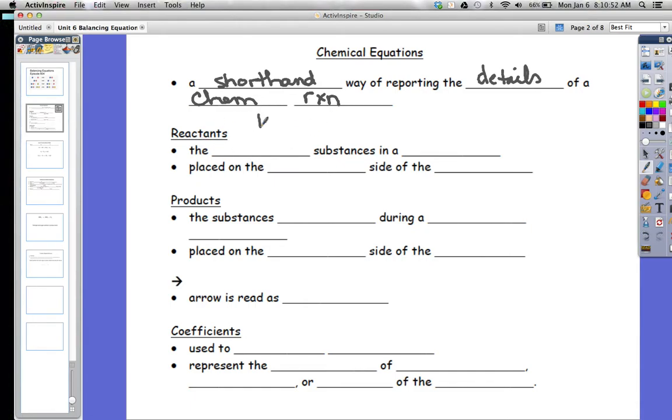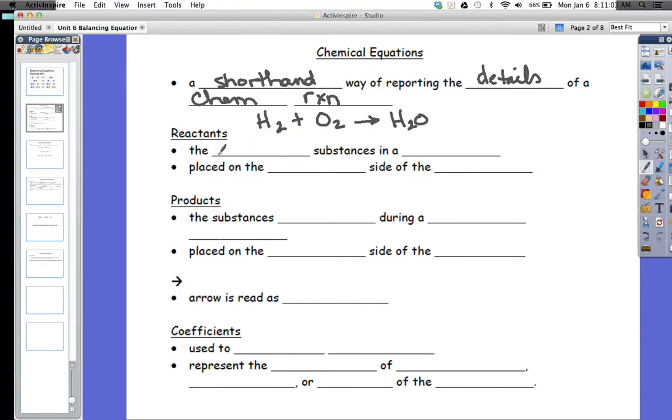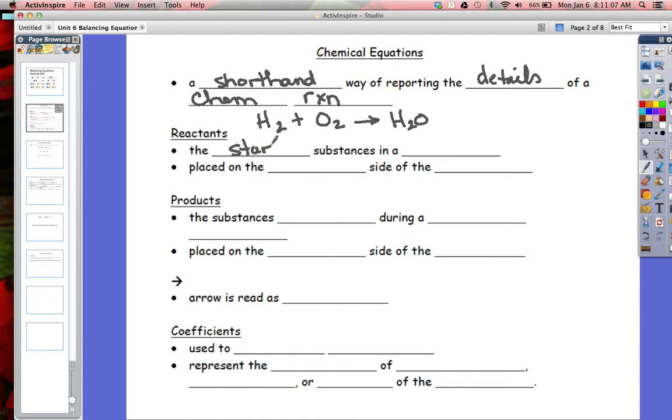When you have a chemical equation or a reaction, and we'll use this one as an example, the things that are on the left-hand side of the equation, those are called the reactants. So the reactants are the starting substances in a reaction, and they're always placed on the left side of the equation.